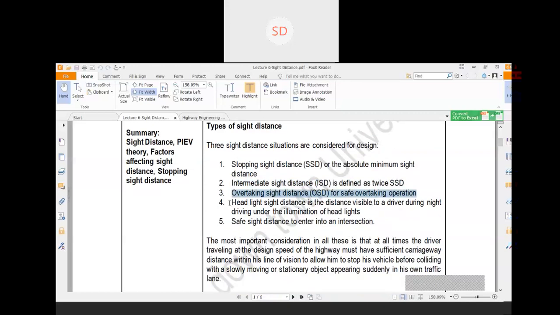This is again calculated on the basis of stopping sight distance, and safe sight distance to enter into an intersection, because in an intersection three or four roads come together, and sometimes the view of the drivers is hindered by nearby buildings and other structures. So there also, for safe operation of the vehicle, a minimum sight distance is required.